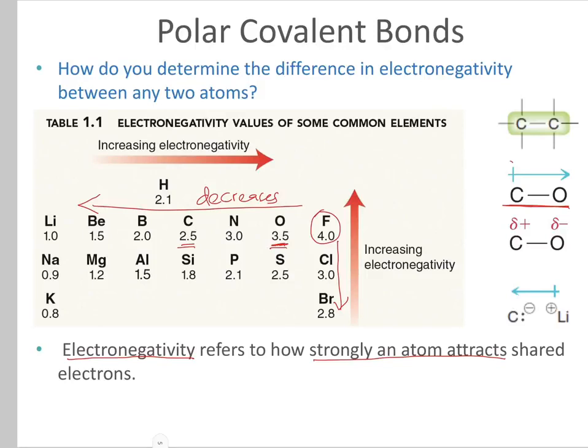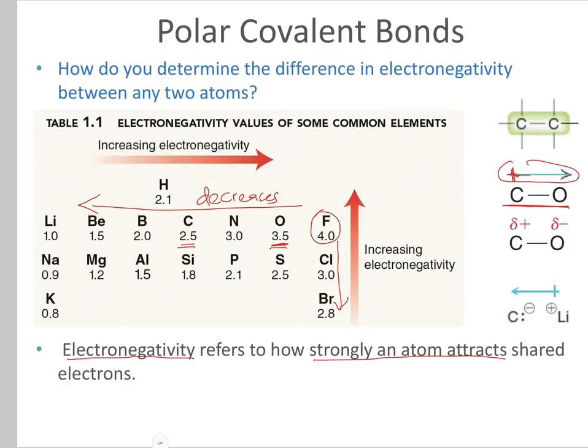So we can use the symbol here with an arrow pointing towards the atom where the electrons are more likely to reside, and we put a plus sign in the tail to show that the electrons are less likely to reside on that atom.